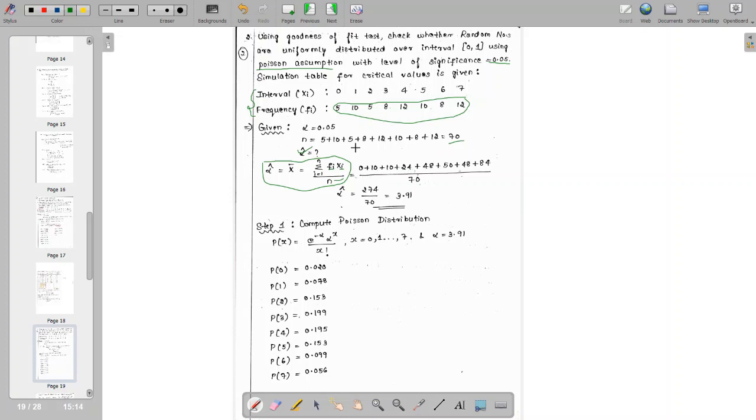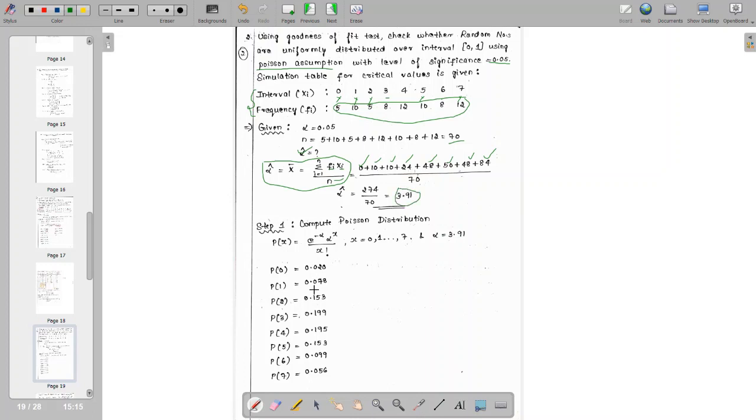Now find 5 into 0 is 0, plus 10 into 1 is 10, plus 5 into 2 is 10, 8 into 3 is 24, 12 into 4 is 48, 10 into 5 is 50, 8 into 6 is 48, 7 into 12 is 84. Divided by N, then I will get the critical value of 3.91.